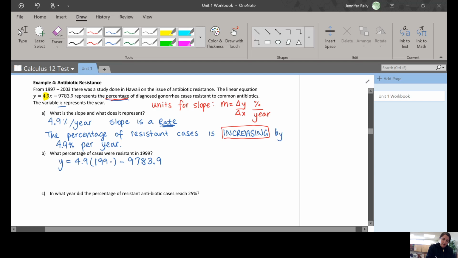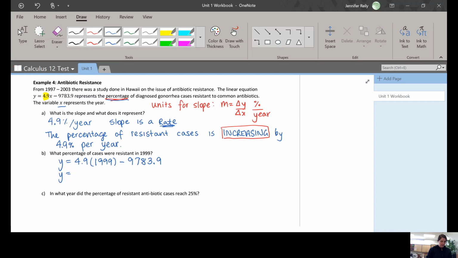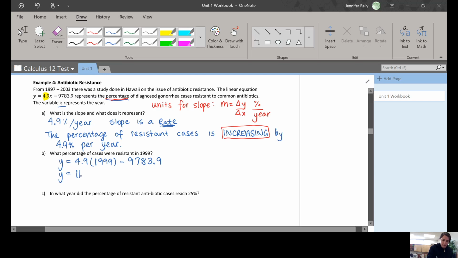So we're just going to put the year in there, and we will get 4.9 times 1999 minus 9783.9, 11.2. So the answer would be 11.2%. In a word problem, you should always include units in your final answer.